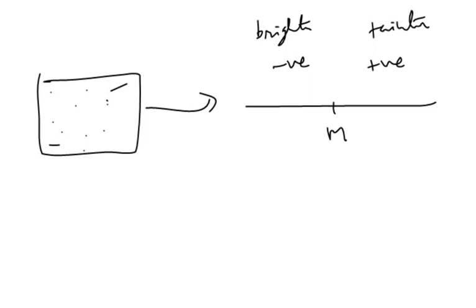Now the total energy emitted by a star can be obtained from the definitions of luminosity and radiant flux. What is the luminosity? The luminosity of a star is defined as the total energy radiated by it.